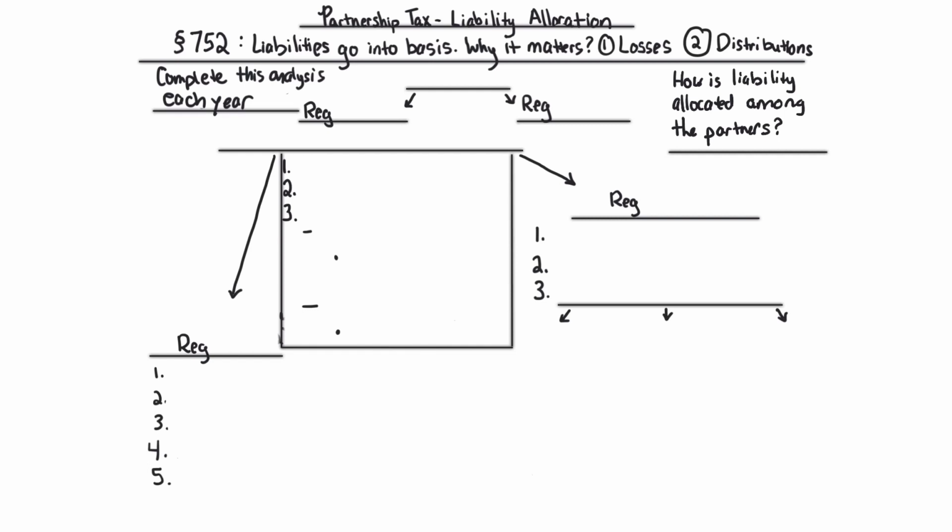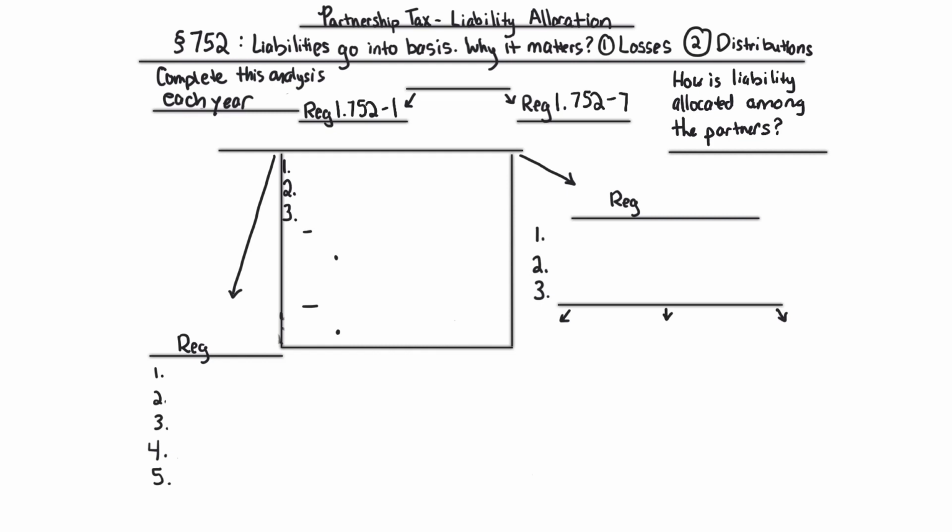Now, liabilities are broken into two topics. Well, specifically, they're broken into two types of liabilities, I should say. There's what we call a Reg 1.752-1 liability, and there's a Reg 1.752-7 liability. Now, I'm going to distinguish these two liabilities and tell you that one of them we're not going to focus on in this discussion because it's beyond the scope and there are special rules.